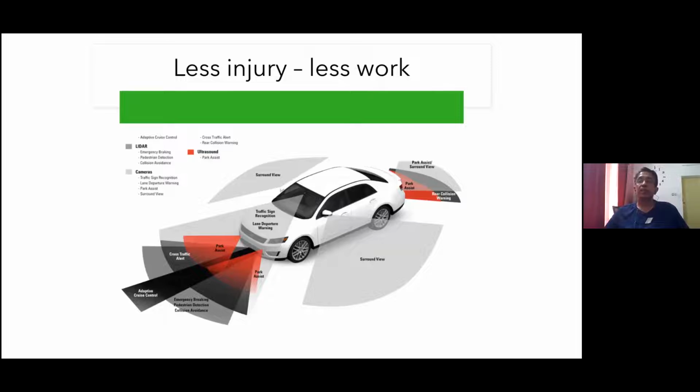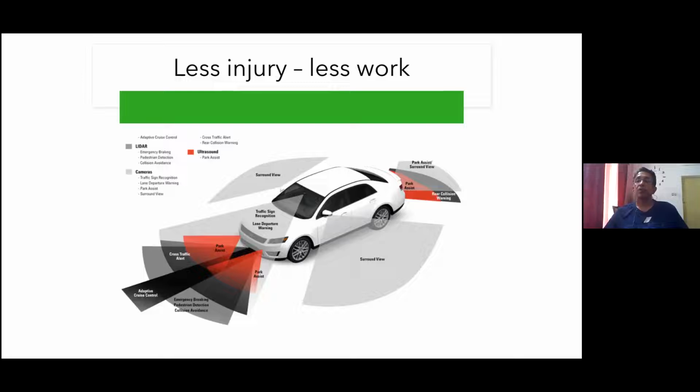The cars can sense when you're reversing that there is something at the back. The car can, even while driving, today there is what is called ADAS, that is assisted driving for safety. In these systems, even if you were gossiping on the phone and you forgot that there is a traffic light, the car can see the traffic light and apply brake by itself.